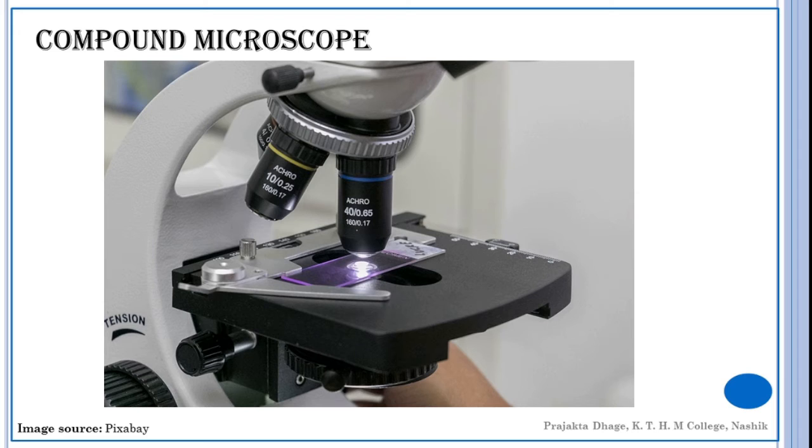It also helps the controlled movements of the slide. It will not only facilitate the controlled movements of the slide but also help in observing a particular spot on several occasions.